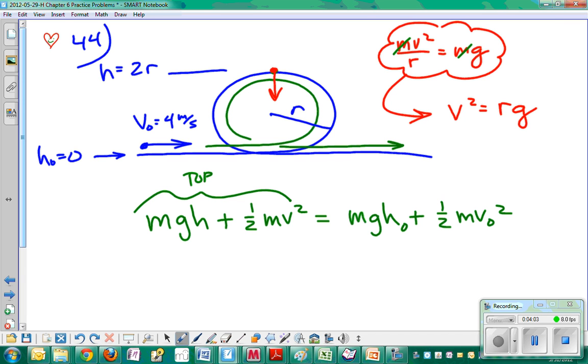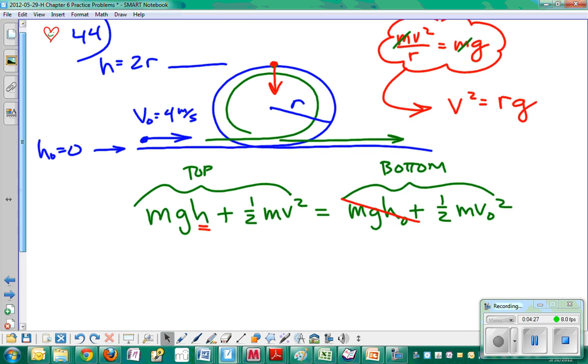All right, so we're going to put that stuff in when we simplify this. So that was the top, this is the bottom. Since h naught is equal to 0, this is going to go away. And then what we're going to solve for is radius, and we find that right here, don't we? That's 2r.